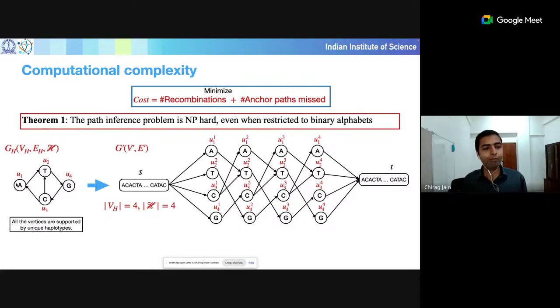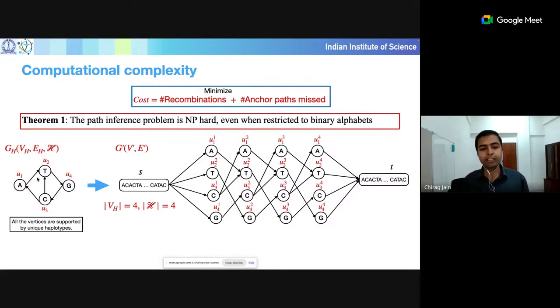So for example, if there are 4 vertices in this graph, I'm going to create 4 columns in this pangenome graph. And if there is an edge from U1 to U2, I'm going to put an edge from U1 to U2 across all these columns. So for example, there is an edge from U1 to U2 here, again there is an edge from U1 to U2 here, and there is an edge from U1 to U2 here. So the connectivity of these vertices will be defined based on the connectivity of the original instance.